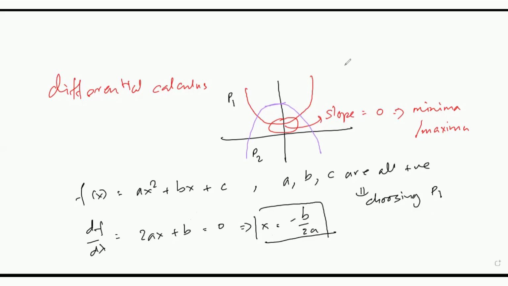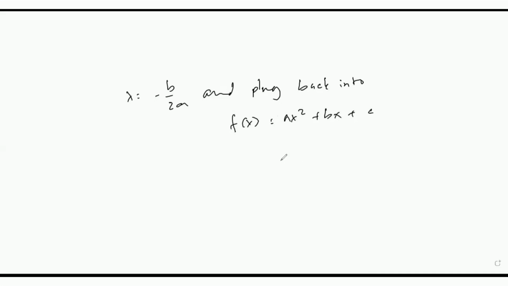Okay. Now if you take this solution x equals minus b over 2a and plug it back into f(x) equal to ax squared plus bx plus c, what you'll end up getting is that f(x) is equal to minus b squared minus 4ac over 4a. Now remember, our parabola is like this.